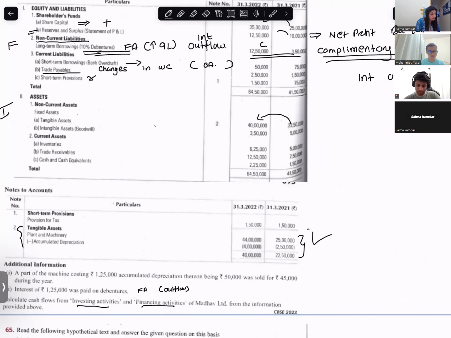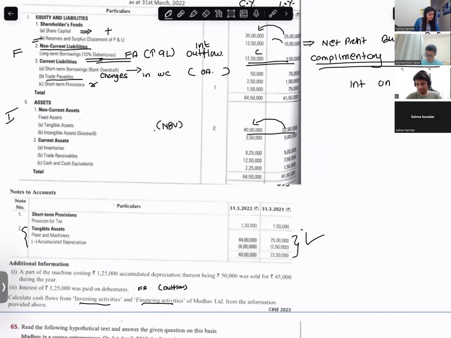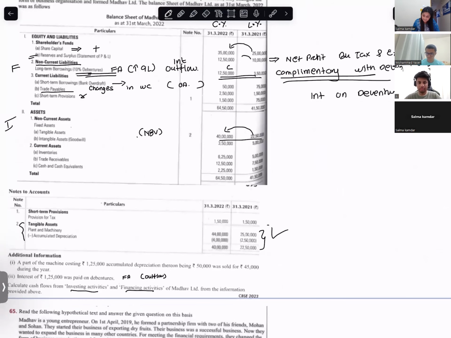Now, two things. Whenever the asset is there, you have to prepare the asset account, right? Your net book value is given. Cost is given to us separately.